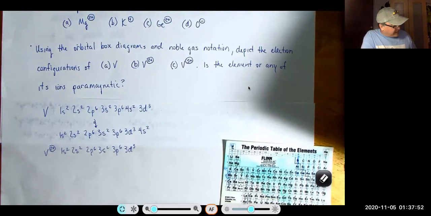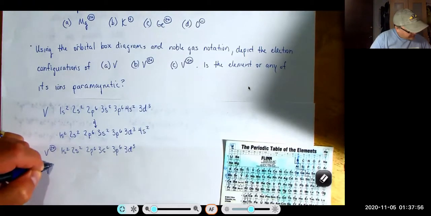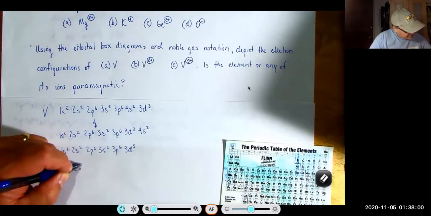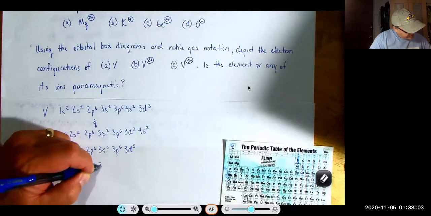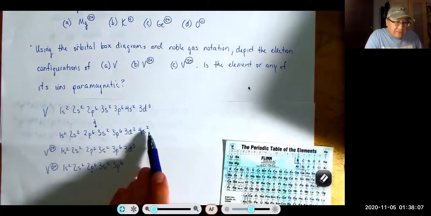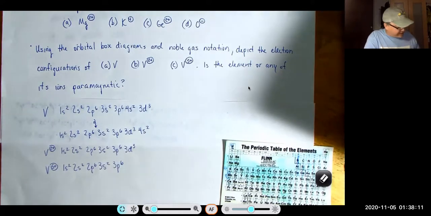So this is vanadium plus 2, and vanadium plus 5 would be 1s2, 2s2, 2p6, 3s2, 3p6, and I'm going to take away these 2 and these 3, so I end at 3p6.